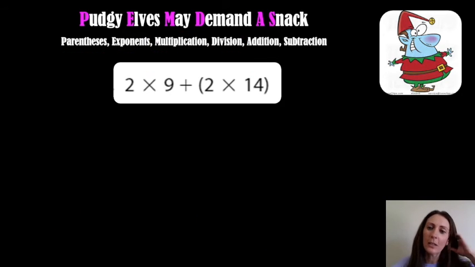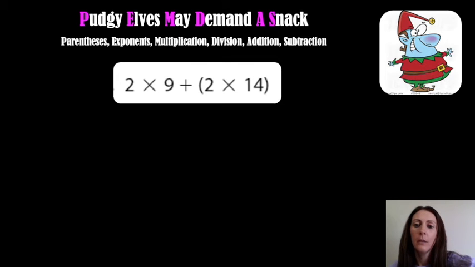All right, let's take a look at this problem on the screen. You see 2 times 9 plus, and then in parentheses, 2 times 14. So let's go ahead, let's take a look at our order of operations. What is the first thing we're looking for? Right, parentheses. Do we have any parentheses?